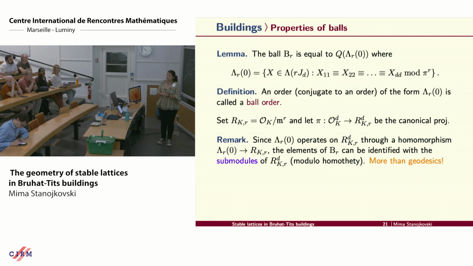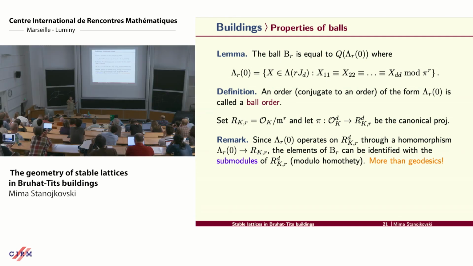This also tells us that for apartments the concept of convexity was very clear: we take convexity in the sense of tropical geometry. Here it doesn't work. You cannot just say that if I have some lattices that generate my order as intersections of endomorphism rings, then I just take the geodesics. In the apartment, any two I connect with the tropical convex set, and then I paste them together.